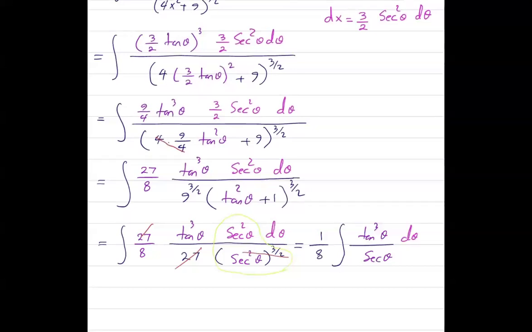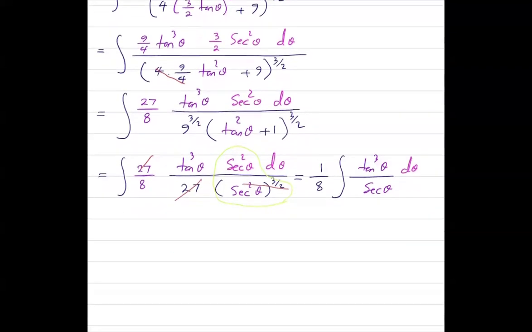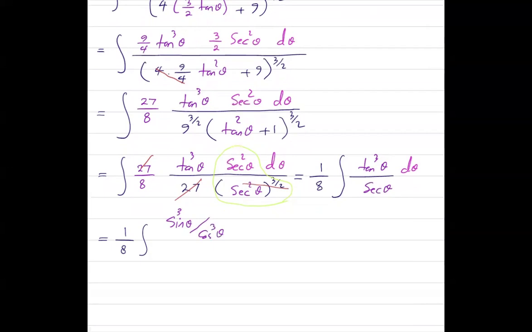So tangent, as you remember, is sine over cosine, and secant is 1 over cosine. So we can move on and simplify this further. This is equal to 1 over 8 the integral of sine to the third of theta divided by cosine to the third of theta over, and secant is 1 over cosine theta, and then d theta.